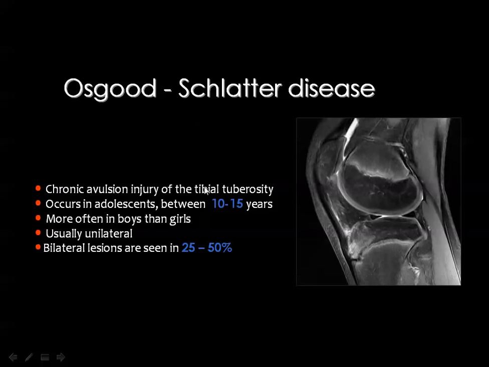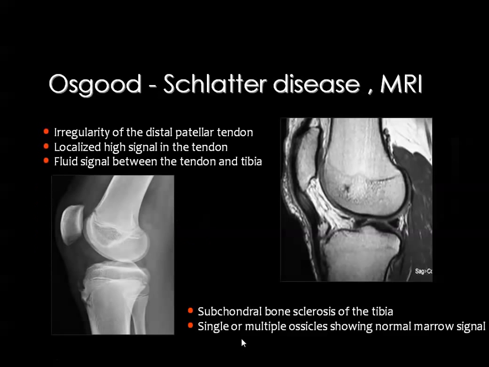You know that this disease is usually unilateral, but bilateral lesions can occur in 25 up to 50% of cases. These lesions are more common in boys than girls, and the most likely age is around 10 to 15 years old.